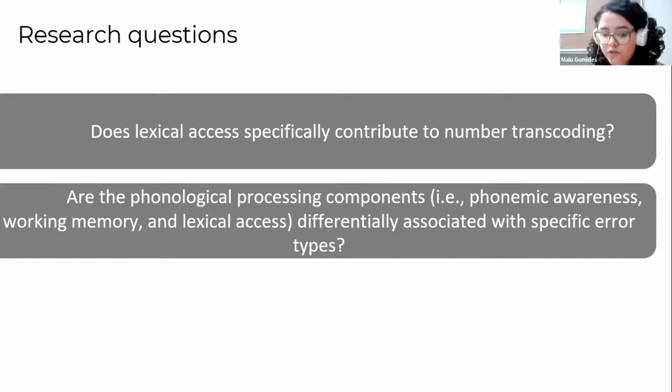So if we assume that these cognitive mechanisms are important for different components of the transcoding process, they might also be differently associated with these specific error types.